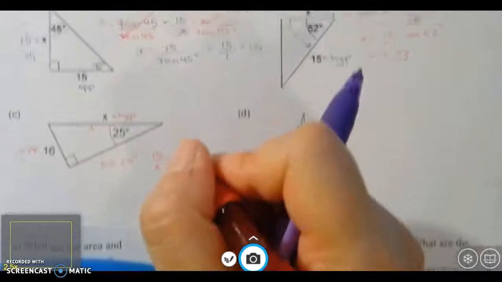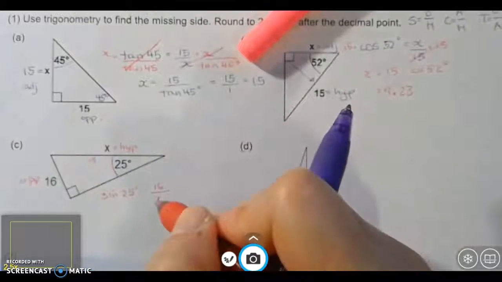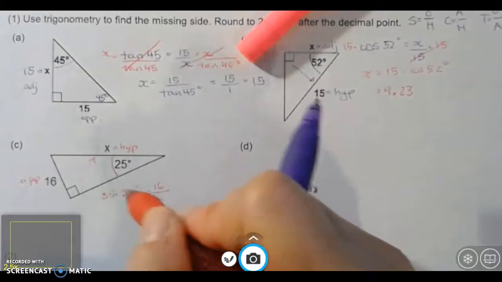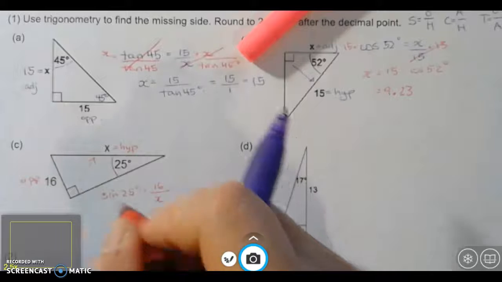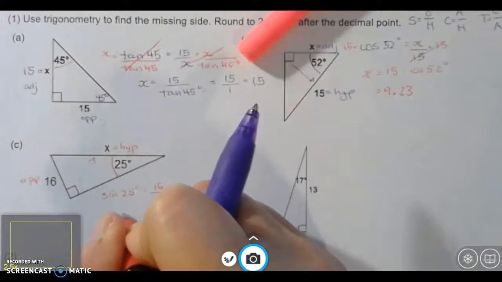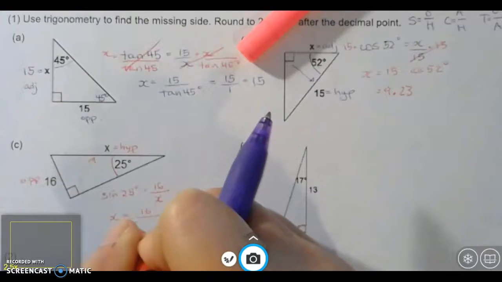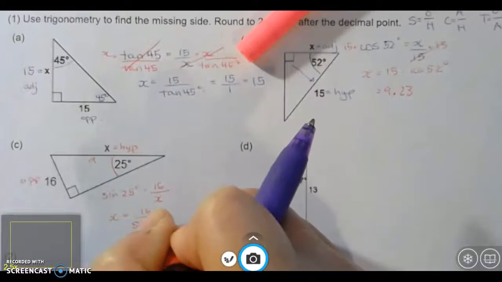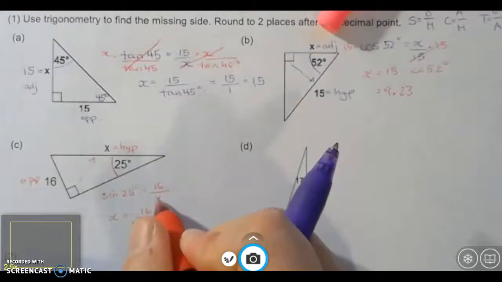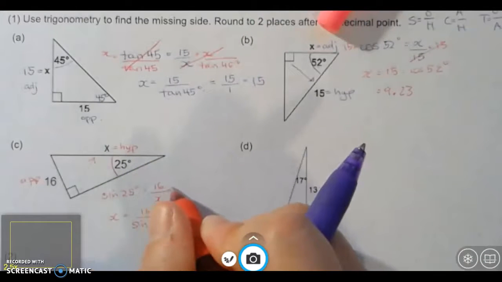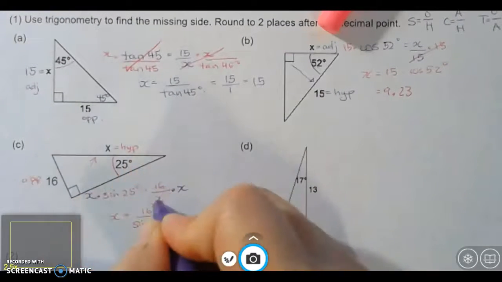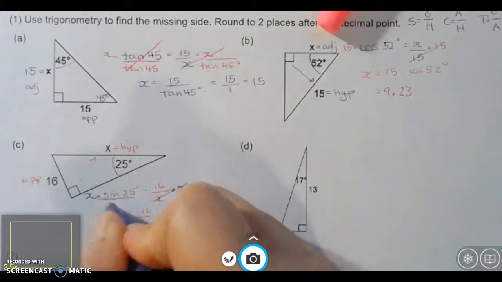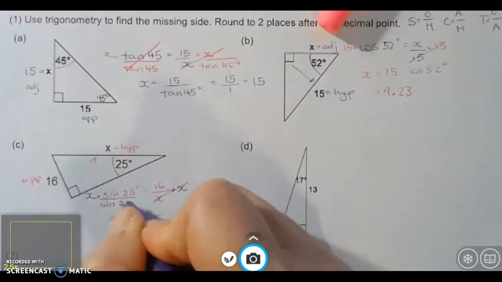Again, if you remember from the previous one, when you have the variable as the denominator, hopefully you are starting to see that I can just swap these two. So I can swap the positions, and I can rewrite this as x is equal to 16 divided by sine of 25 degrees. And that occurs because I am going to be multiplying both sides by x here, and that cancels out, and I'm going to divide both sides by sine of 25 degrees.